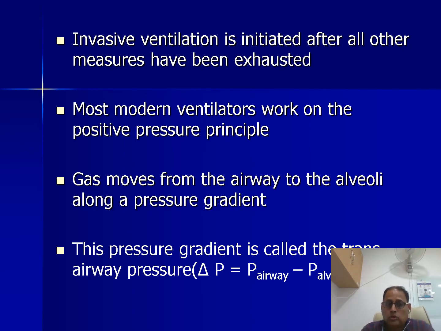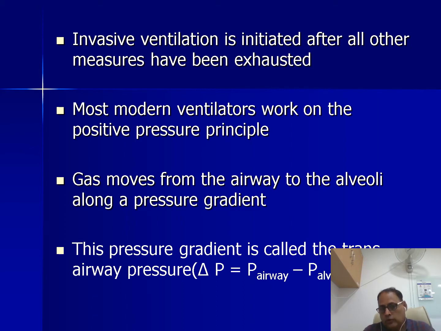Now, most modern ventilators work on a positive pressure principle, whereby positive pressure is created, which creates a pressure gradient, and the air is literally pushed inside the lungs. Now this is against the normal physiology, and that is why we many times find situations where the patients tend to fight with the ventilator and everything else.